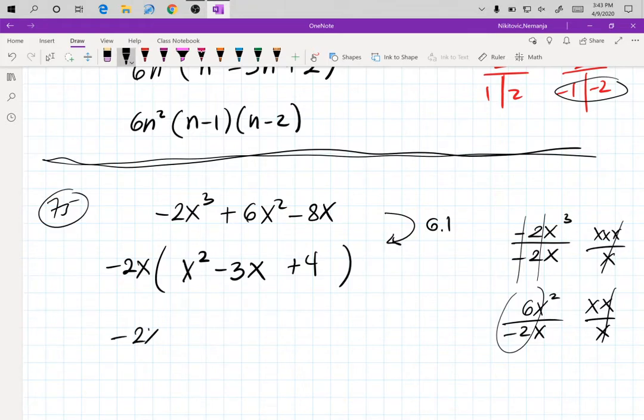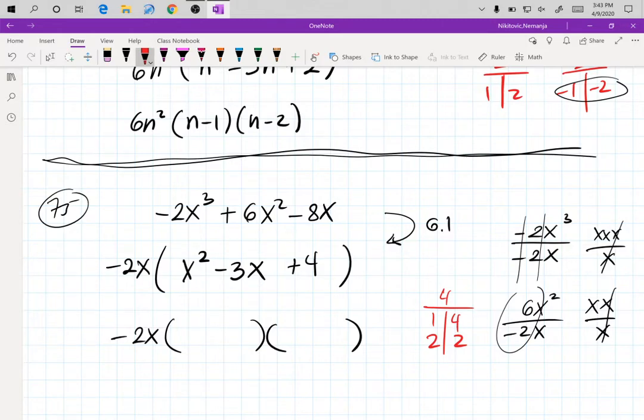So we have negative 2x times, and now this is where the factors go. What are my options to factor 4? My options are 1 and 4 and 2 and 2. Nothing else adds.